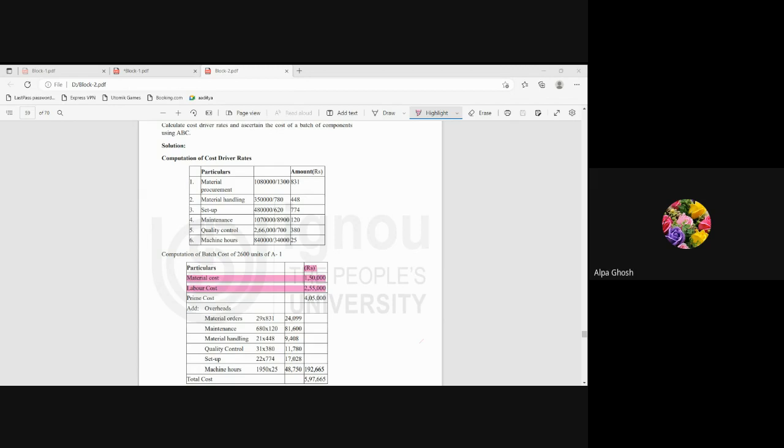See from here, computation of cost drivers. From here, you are getting the per unit cost, and this per unit cost is multiplied with the quantity given in the question. Use your calculators.